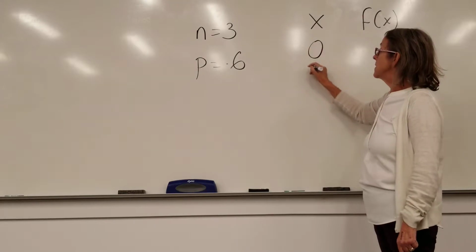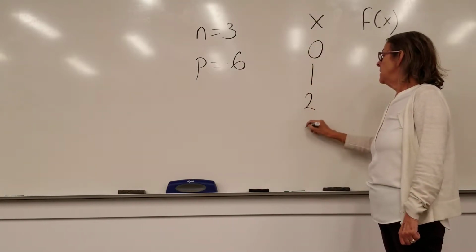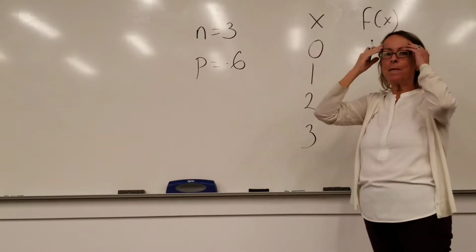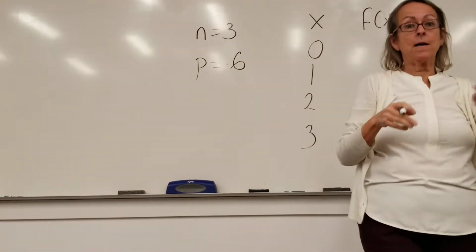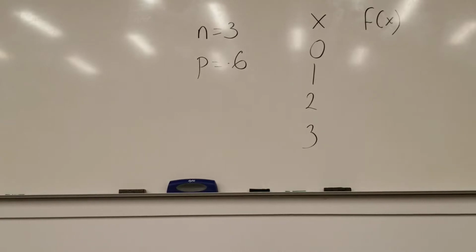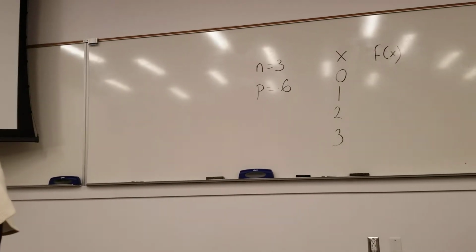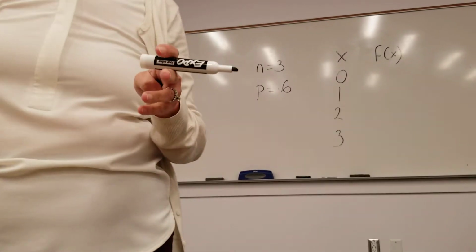Very good. 0, 1, 2. Most people want to say 0 and 1 because they remember each trial has 2 outcomes. Brandon can say yes or no. Chris can say yes or no. Colton can say yes or no, right? Each trial has only got 2 outcomes.